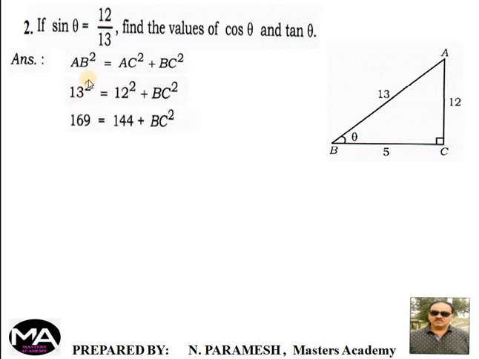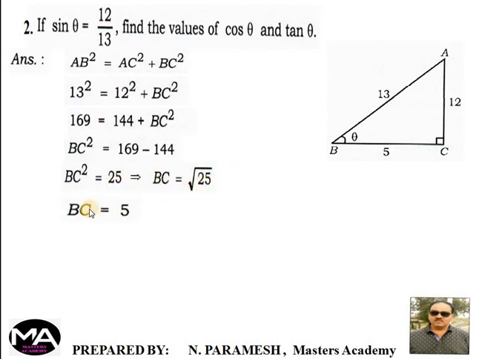That is 13 square is equal to 12 square plus BC square. 13 square is 169 is equal to 12 square is 144 plus BC square. BC square is equal to 169 minus 144. BC square is equal to 25, which implies BC is equal to root 25. Therefore, BC is equal to 5.